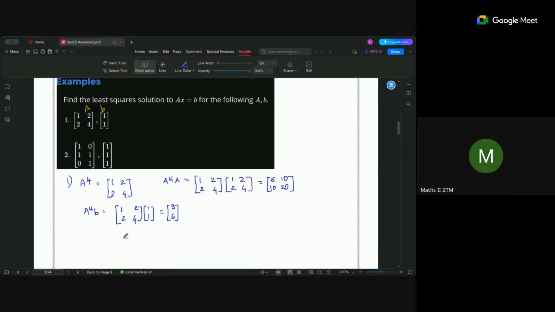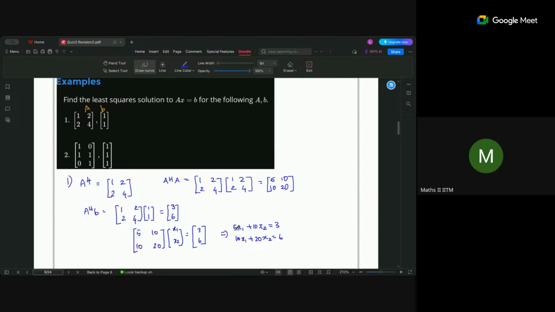Now we are going to look at the equation [5 10; 10 20] [x1; x2] = [3; 6]. So do we have a solution for this system? What is the system first of all? 5x1 plus 10x2 is equal to 3, 10x1 plus 20x2 is equal to 6.